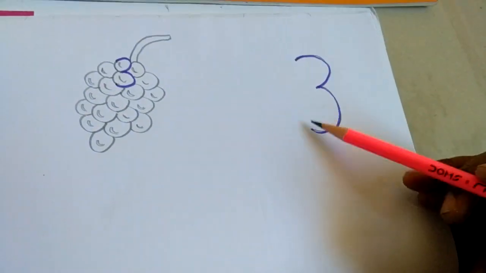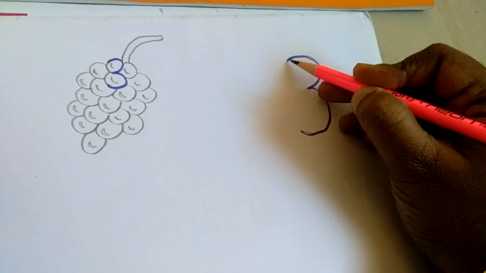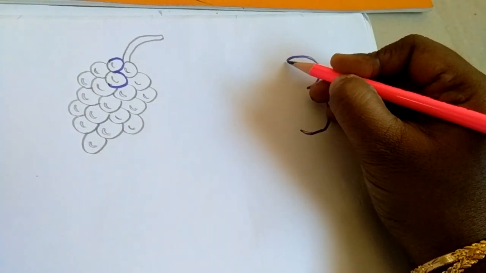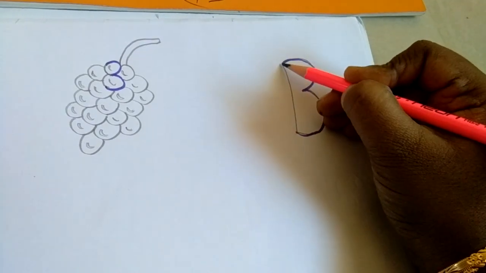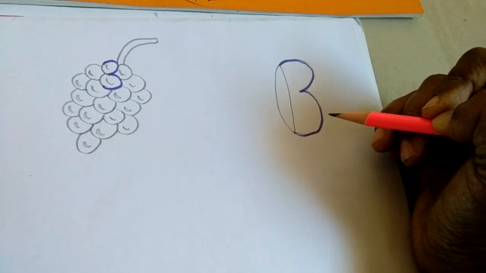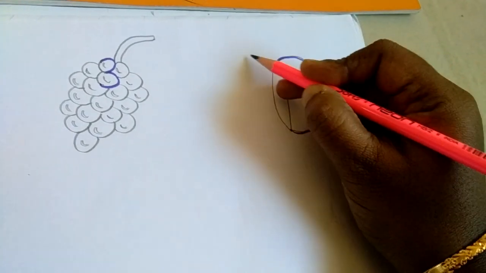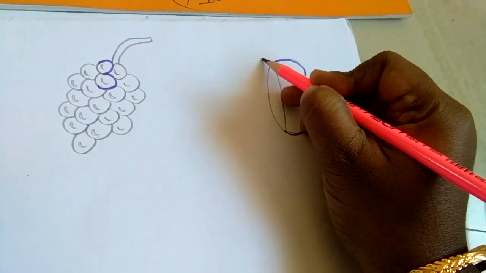After writing this number 3, you have to join both the ends like an oval. See? This one. Like this one. After that you have to draw this side number 3 like a mirror. See how I am doing?